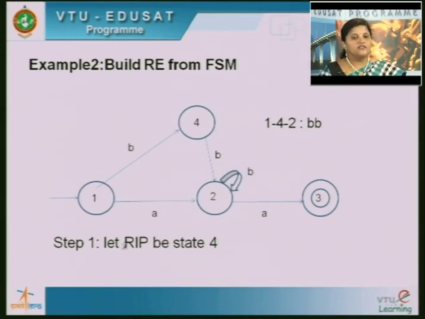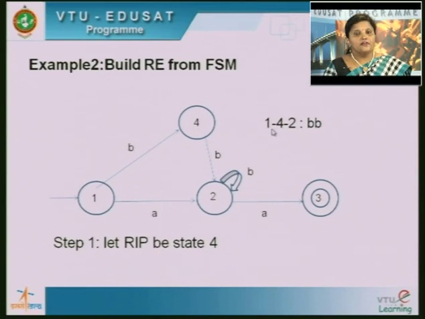First, I have selected state 4 as the rip state. When selecting state 4 as the rip state, you should replace it with the equivalent transition. From state 1 to 4 you have a transition B, and from 4 to 2 you have a transition B again. So B followed by B, you can place directly from 1 to 2.